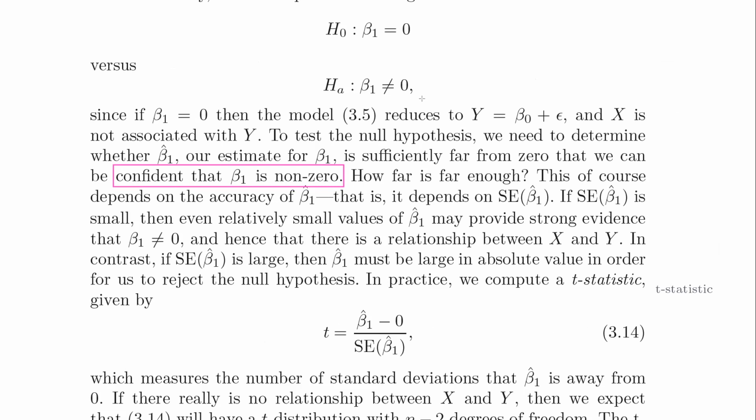So we have an estimate, our beta 1 hat estimate, that gives you the slope. We're setting up a hypothesis test where we need to answer the question, how confident are we that the true beta 1, the true slope, is not 0?